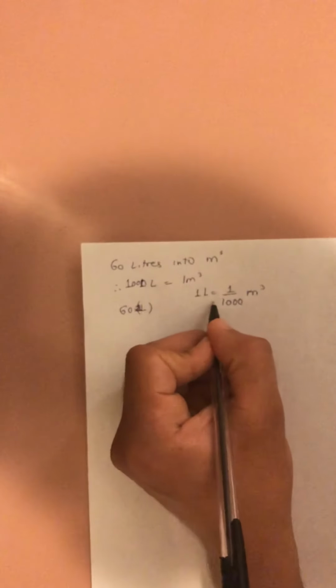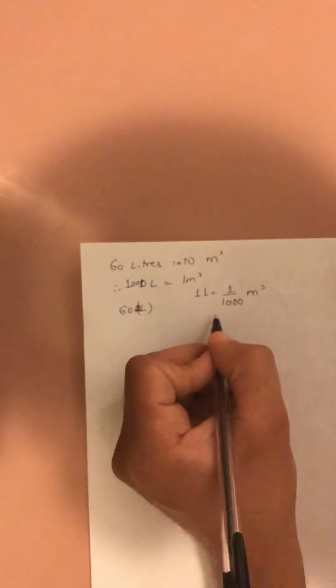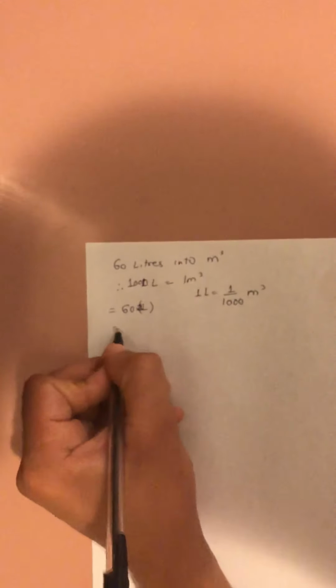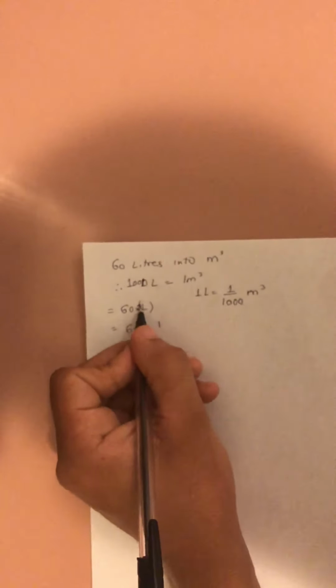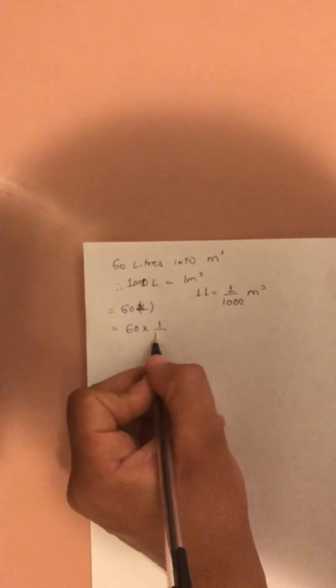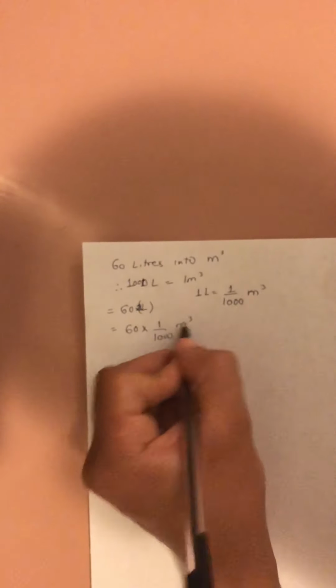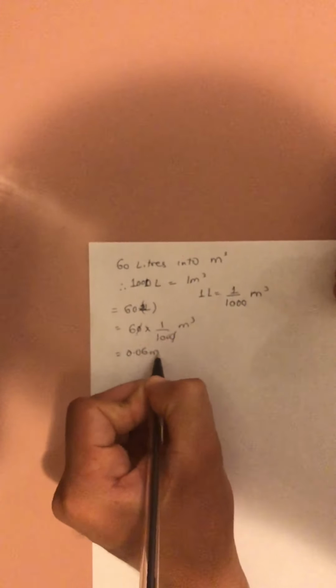So 1 liter is equal to 1 over 1000 meter cube, which is 60 multiplied by, replace liter by this expression, 1 over 1000 meter cube. This cancels, or 60 divided by 1000, it gives 0.06 meter cube.